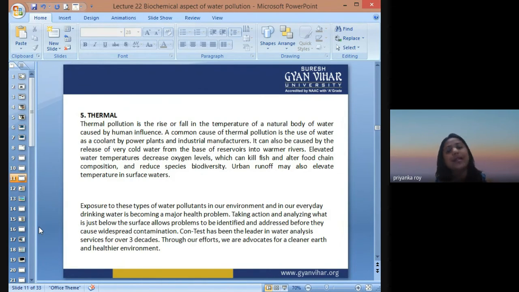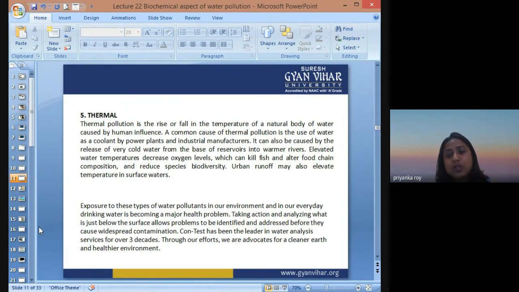Lesser oxygen will affect the fish population, and it might disrupt the food chain in the aquatic ecosystem. Reduced biodiversity, urban runoff may also elevate temperature in surface water.